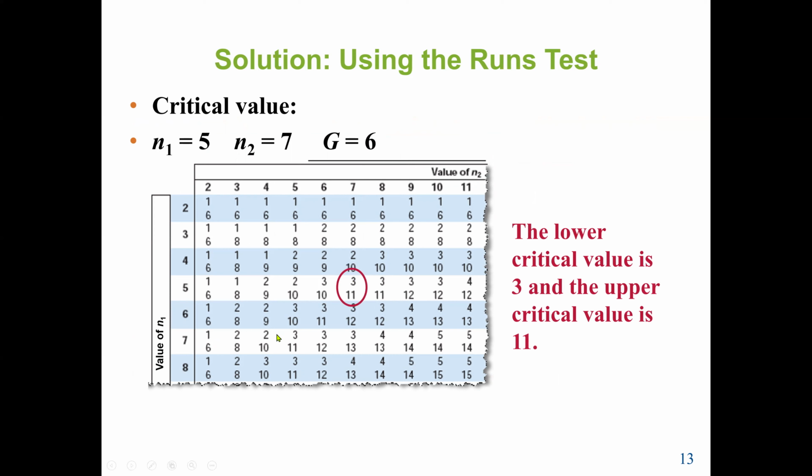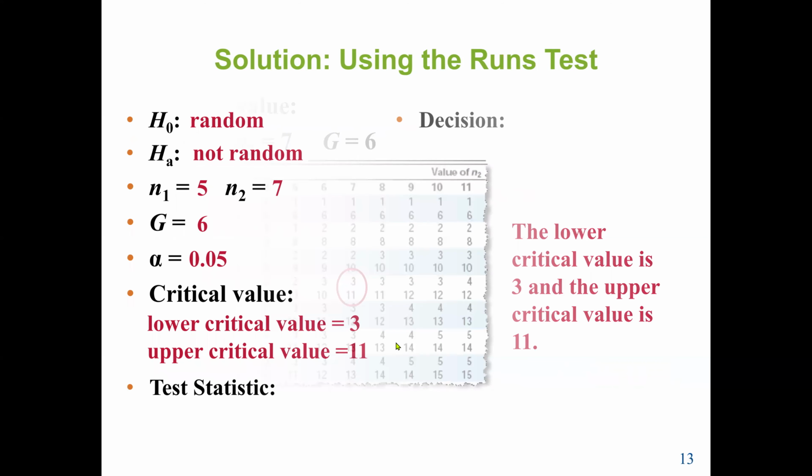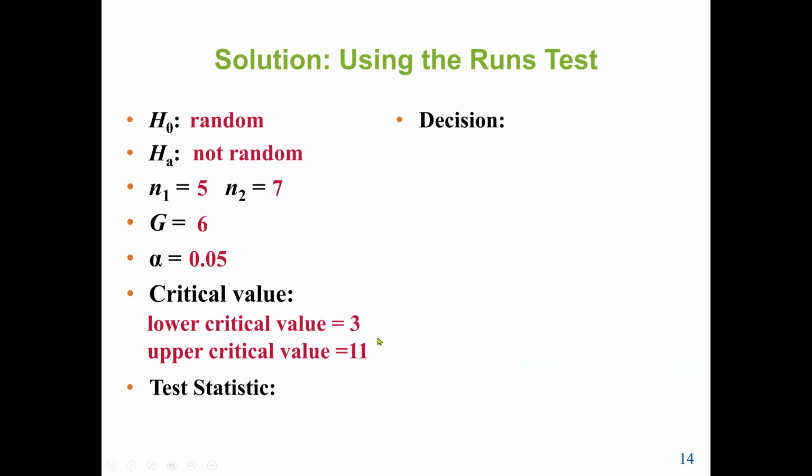So we can see again, N1 is 5, N2 is 7. Any value that falls outside 3 to 11 will mean we reject H0. If it falls within 3 to 11, let's say 4, 5, 6, 10, then we accept H0. So we look for the test statistic.